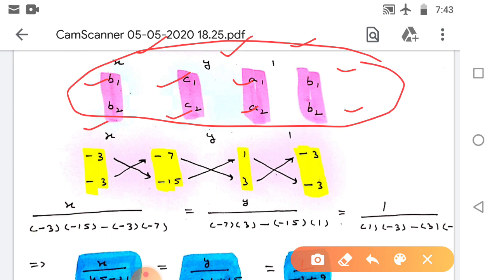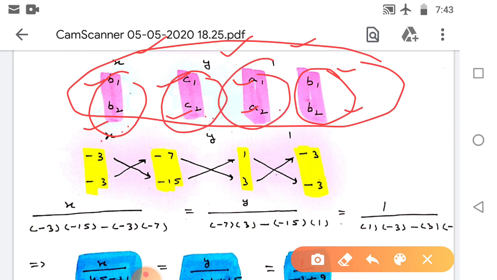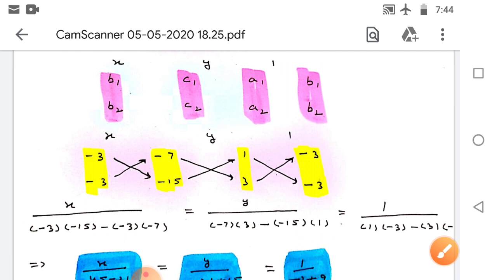So simple way, we are starting with b1, b2, ending with b1, b2. Clear? Starting with b1, b2, ending with b1, b2. What comes after b? C. So this is b, c, a, b. Clear?